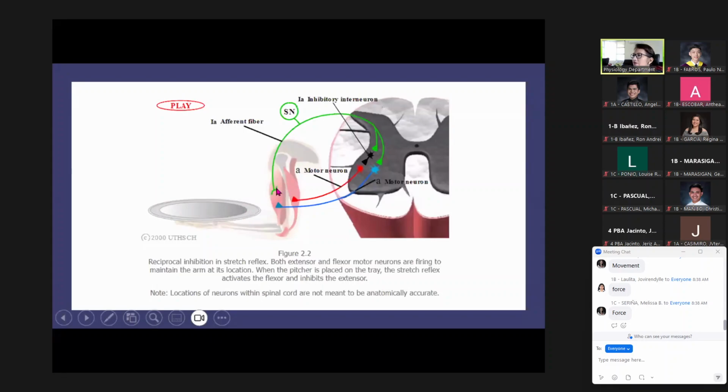And because of that, impulses will be sent through your afferent neurons going towards the center, the spinal cord, and then it will be stimulating your alpha motor neurons, causing your muscles to contract, so that the tray with the picture will not fall. So that the arm will be able to carry the weight of the picture. Yun yung magandang example.